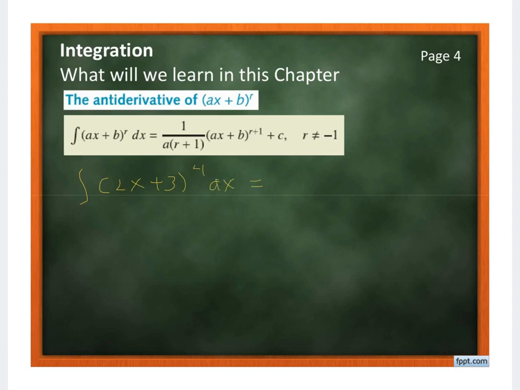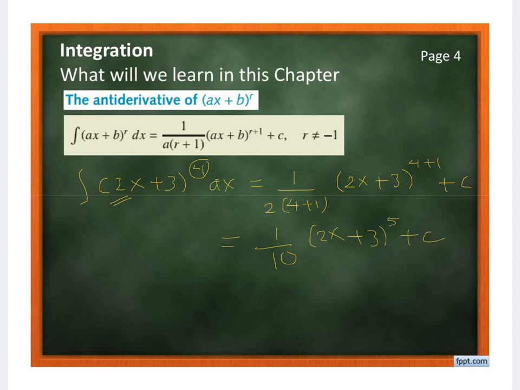So equals 1 over the a, this one a, so it's 2, multiplied by this one, the r, 4 plus 1, 2x plus 3 to the 4 power plus 1, plus c. So the answer is 1 over 10, 2 times 5, 2 multiplied by 5 is 10, 2x plus 3 to the 5 power plus c.